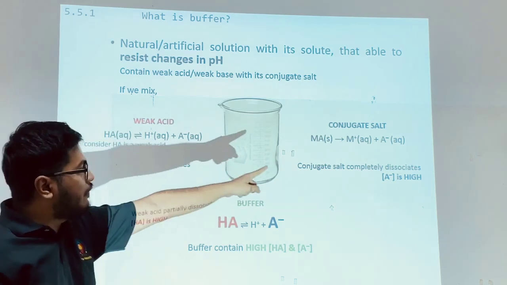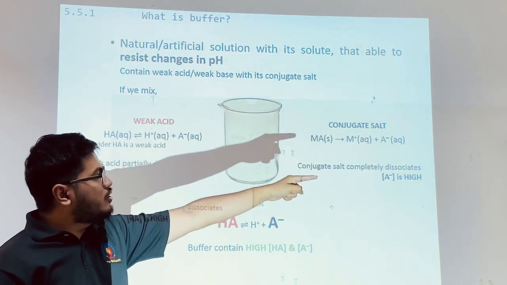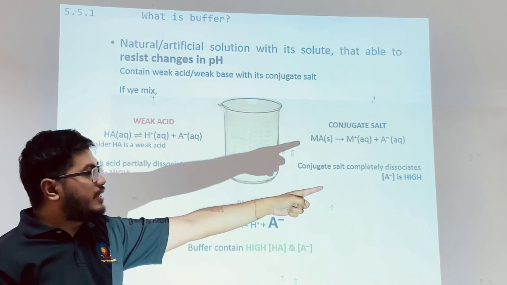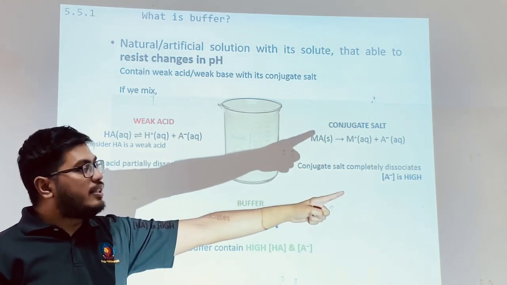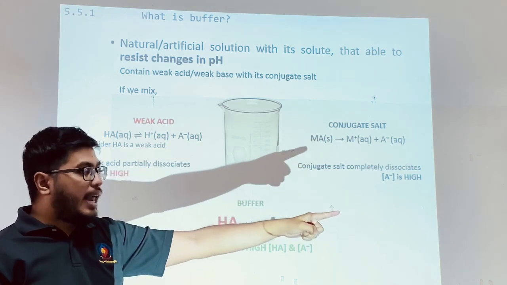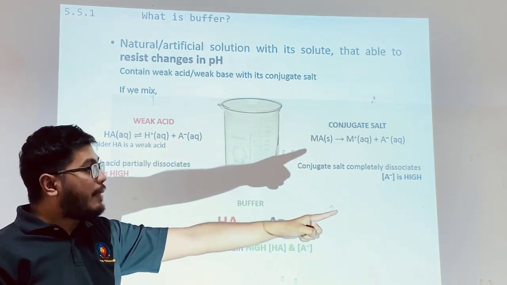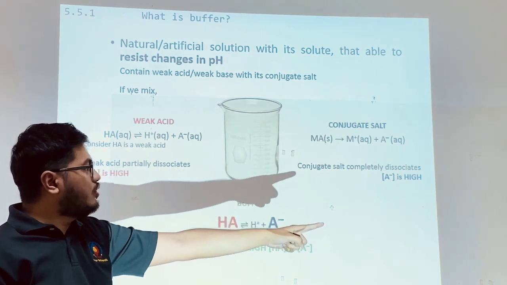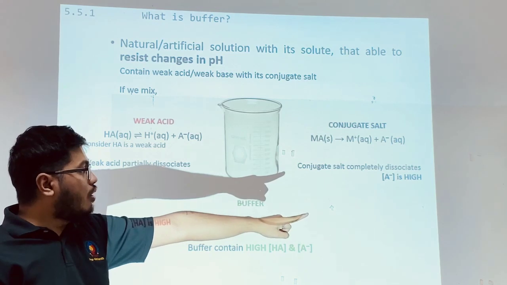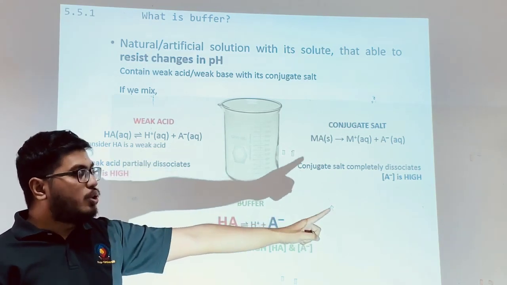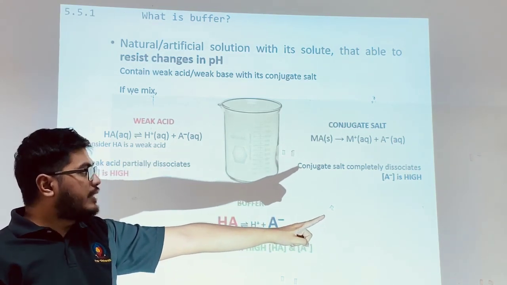And when we mix with its conjugate salt MA, where M is any metal ion, MA will completely dissociate into M plus and also A minus. So A minus is the salt. So the conjugate salt completely dissociates, and it will produce more A minus ion.